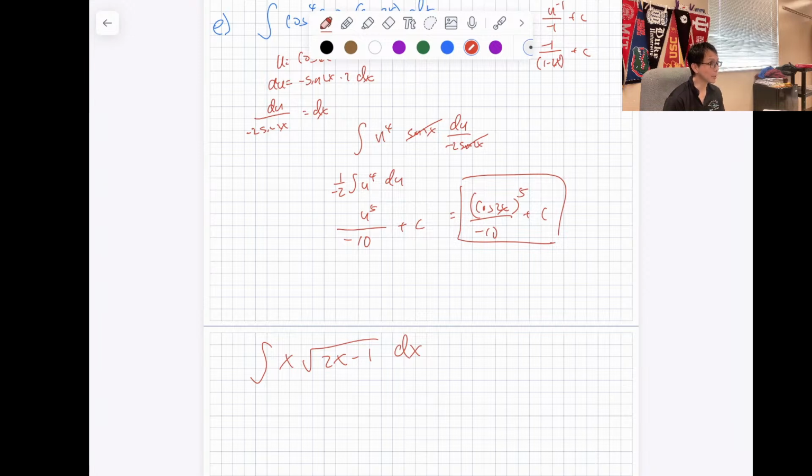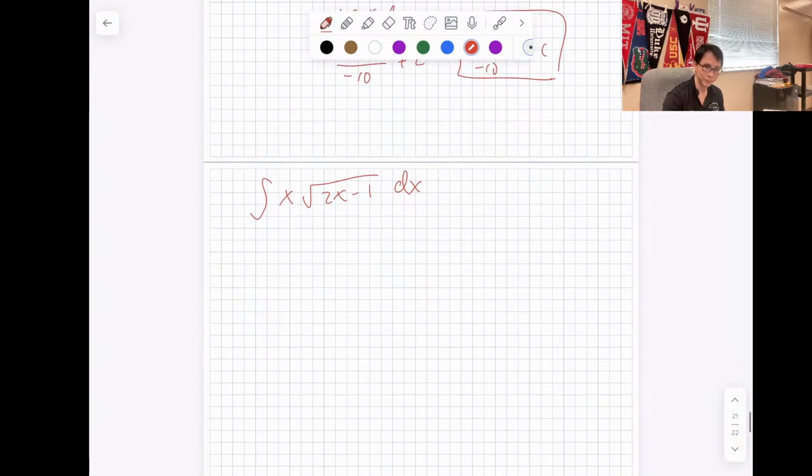So I'll just give you a heads up. It turns out you're going to go into a loop, like you cannot solve the problem. Did anybody figure out what to do?